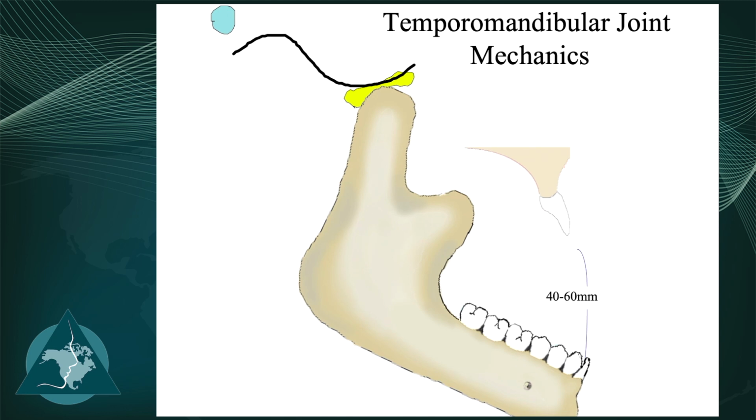So my question is, what happens if somebody has an open locking issue? What's going on? What's probably happening is that the posterior ligaments have become elongated. Okay? Ligaments are there to protect the joint.